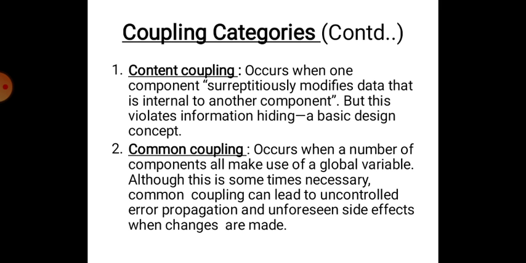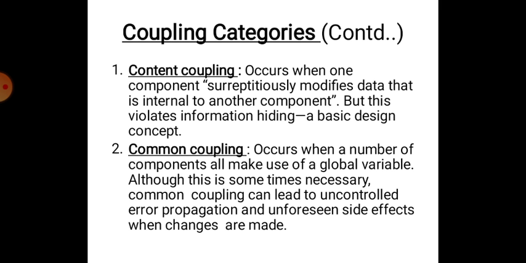Point number 2. Common coupling occurs when a number of components all make use of a global variable. That means there are a number of components and there is a single global variable, and all the components make use of this global variable. Although this is sometimes necessary, common coupling can lead to uncontrolled error propagation and unforeseen side effects when changes are made.